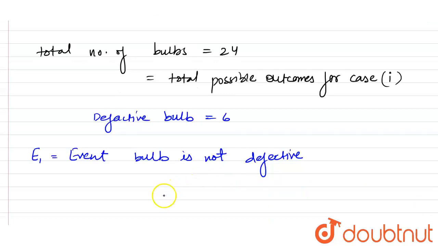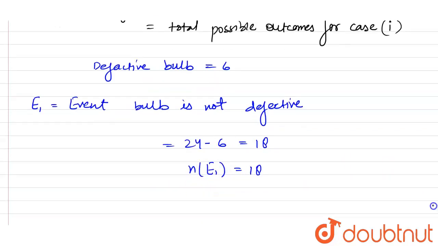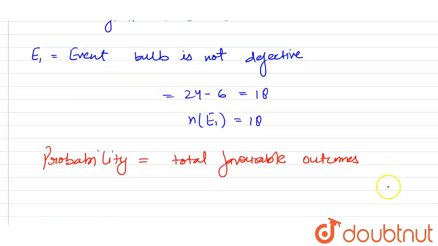So this is equal to 24 minus 6, which is equal to 18. Let NE1 be equal to 18. Now we know that probability is equal to total favorable outcomes divided by total possible outcomes.